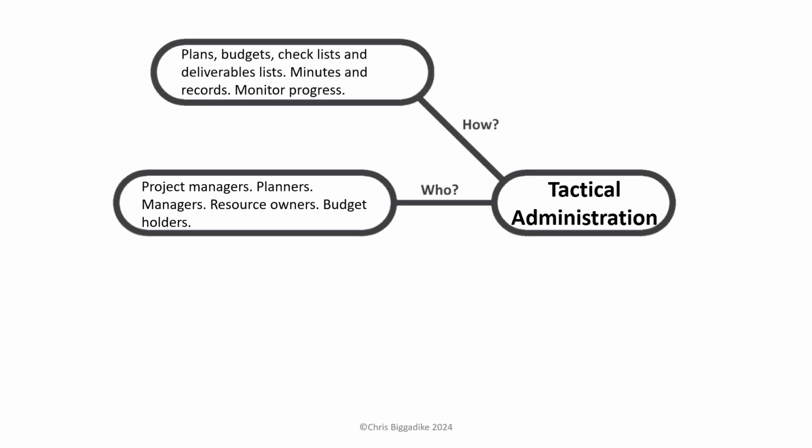They generate plans and budgets, checklists and deliverable lists. They write the minutes maybe, or certainly they make sure the minutes are written, that records are taken and progress can be monitored.